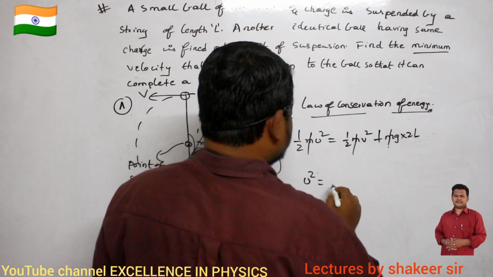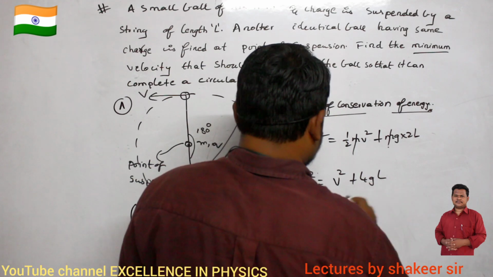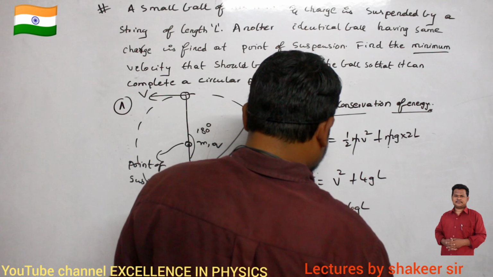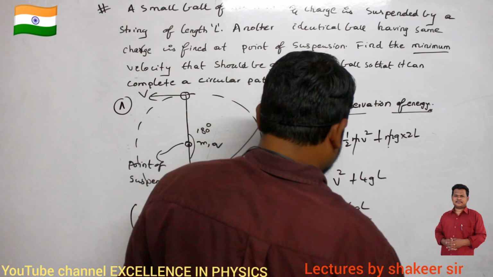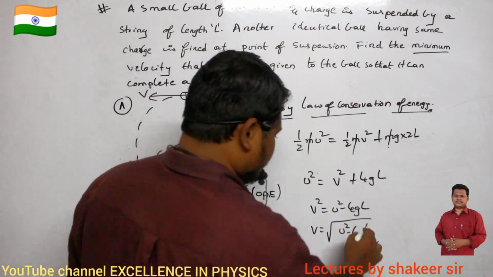So u square is equal to v square plus 4gl. Therefore, v square is equal to u square minus 4gl, so v is equal to square root of u square minus 4gl. This was the same relation I got. Are you able to understand?